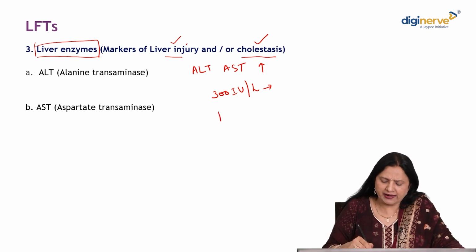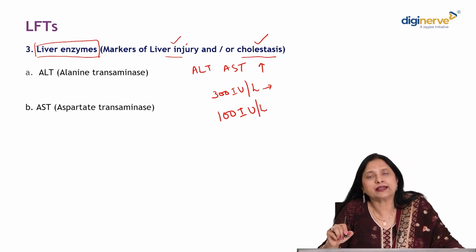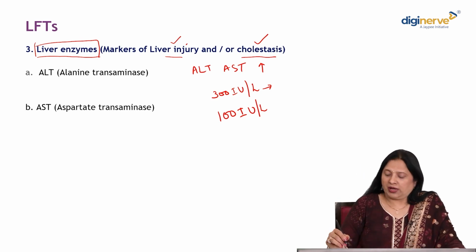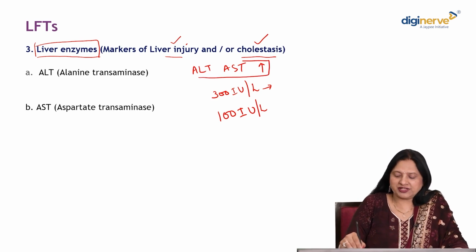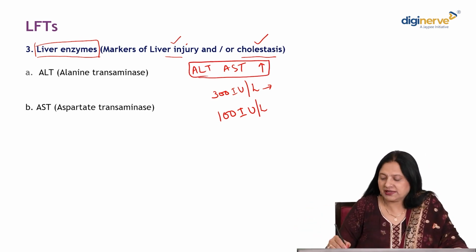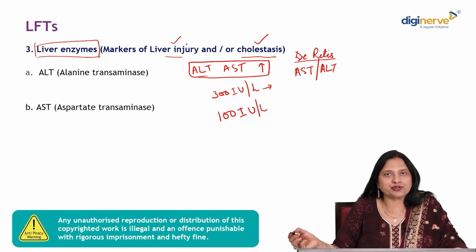And minor increases, say up to 100 international units per liter, are usually seen in chronic hepatitis and fatty liver. Another thing we need to understand is the relationship between these two enzymes, known as the AST-ALT ratio, or the De Ritis ratio.